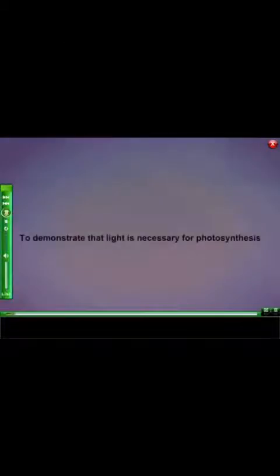To demonstrate that light is necessary for photosynthesis.